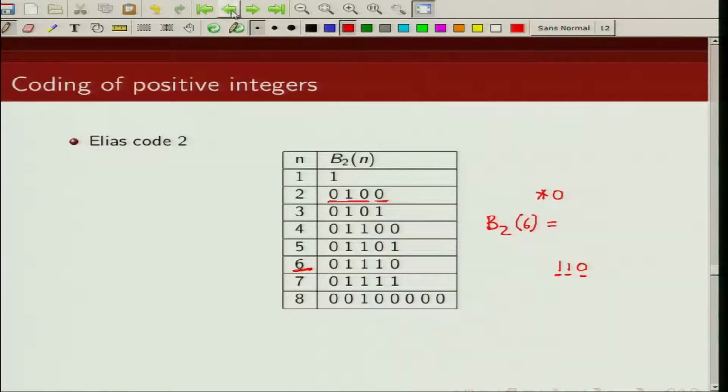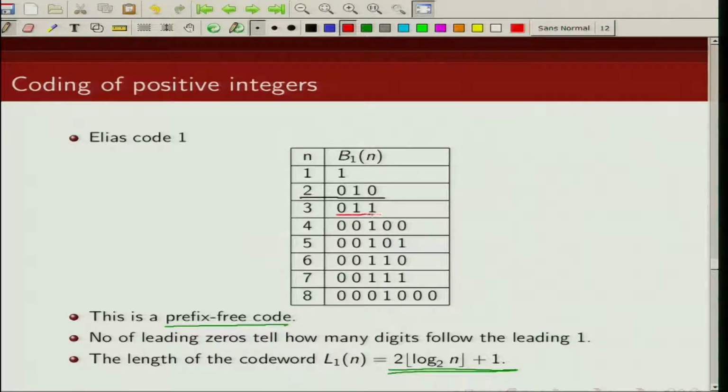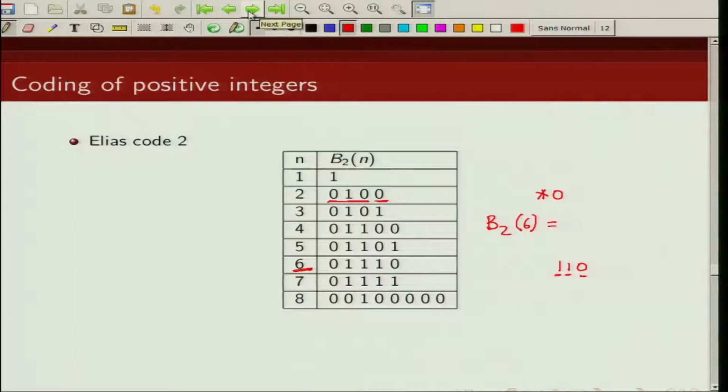So what is Elias code 1 of 3? That is 0 1 1. So we are going to first write 0 1 1. And then this has to be followed by the binary representation of 6 with leading 1 removed. So if we remove this leading 1, we are left with 1 0. So Elias code 2 for 6 is 0 1 1 1 0.